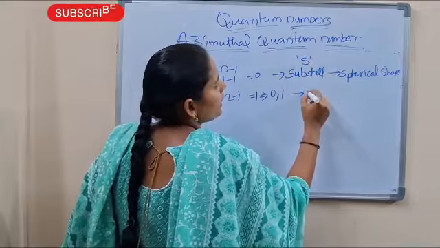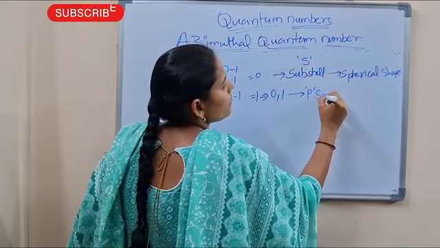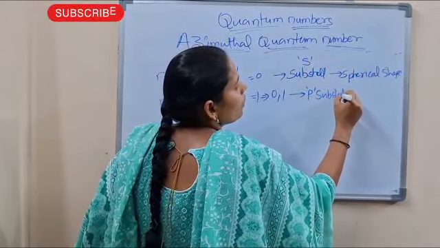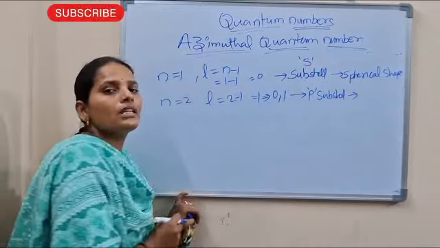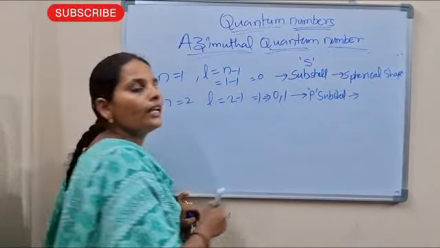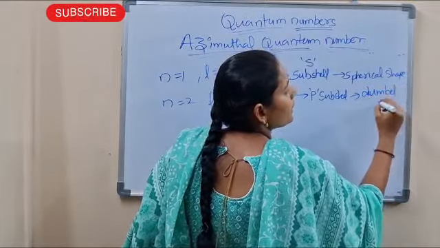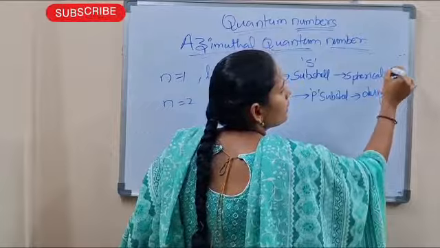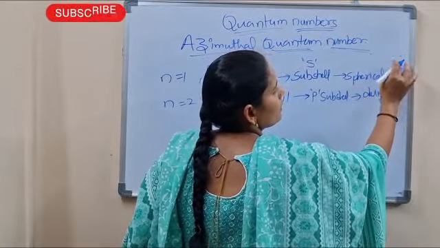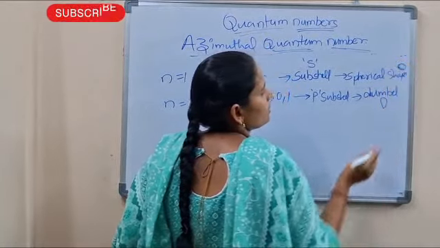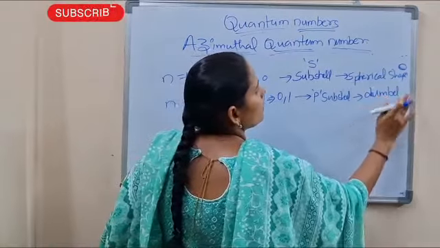For the P subshell, the shape of the orbital is dumbbell shape. It is like this, and the spherical shape is like this.